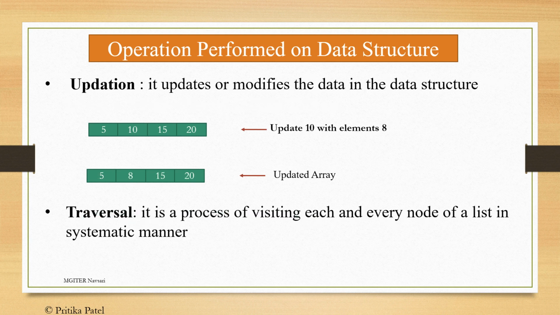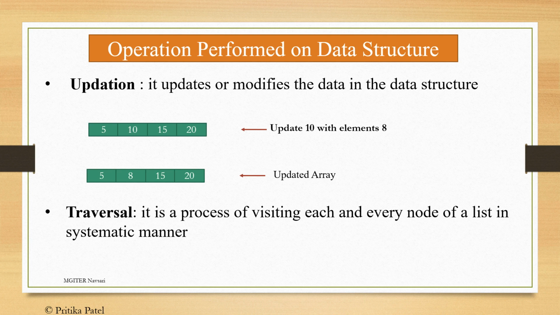Okay. The next operation is the updation operation. To update or modify the data in a data structure, the updation operation is used. Here in this example, an array of size 4 having elements 5, 10, 15 and 20 is given.